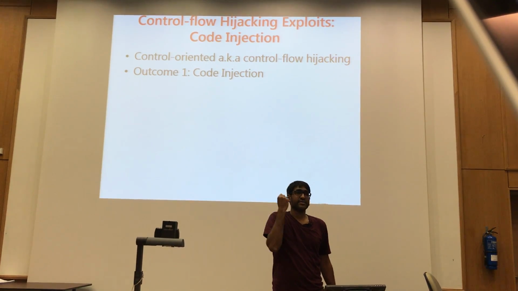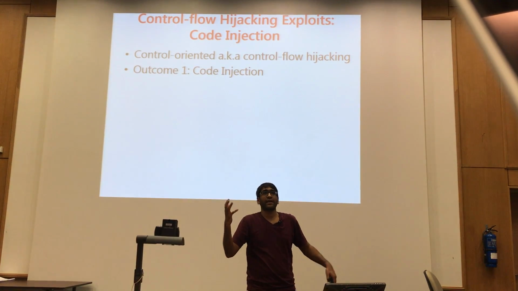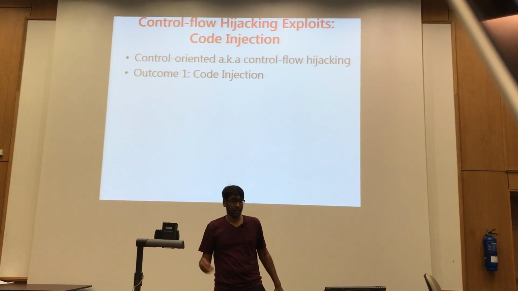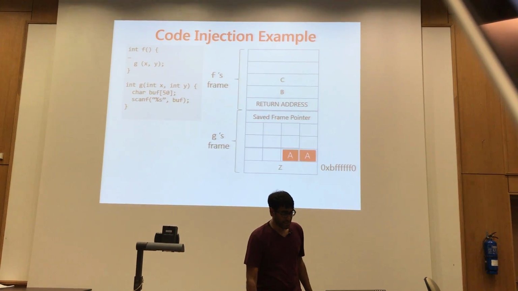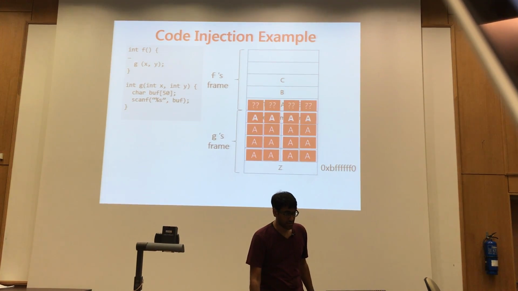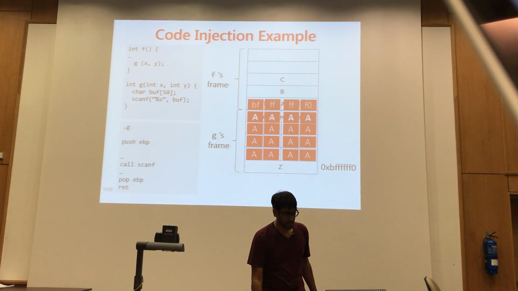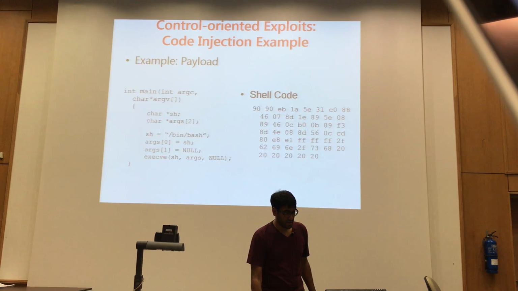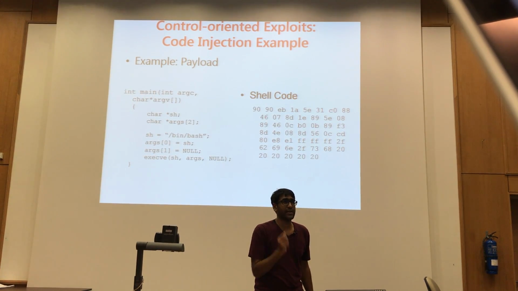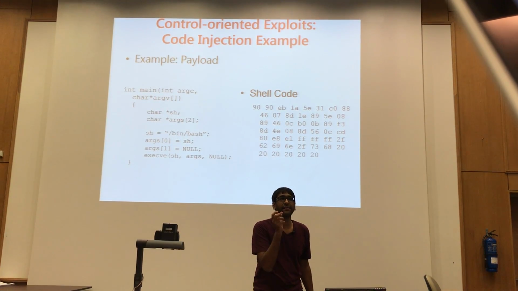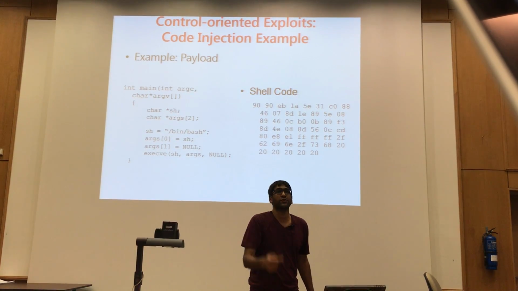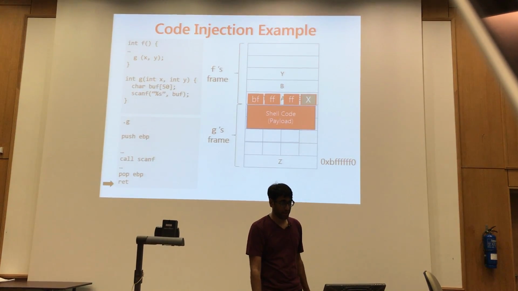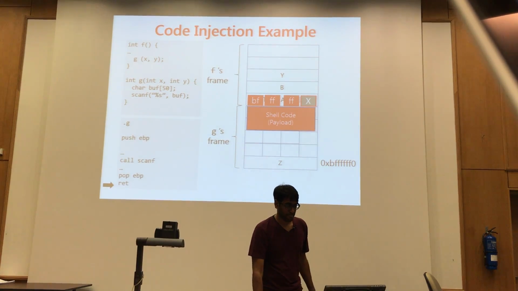This is a subclass of the total class of attacks called control flow hijacking. There's some detail on how this actually works, and then some detail about how to handle slight amounts of uncertainty associated with where you're going to start executing the code. And that you handle by a NOP sled.